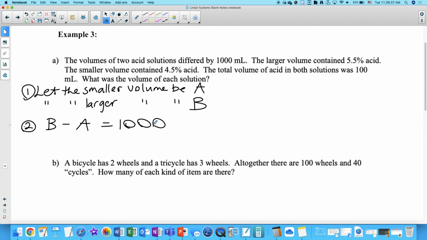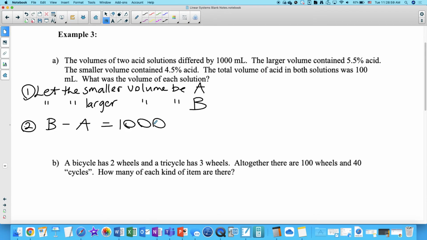Okay? And then what about the 100 milliliters? How are we going to put that into an equation for a total? But remember volume A, like if you imagine this mug, only 4.5% of it, if it's the smaller volume, is acid. The rest is water.